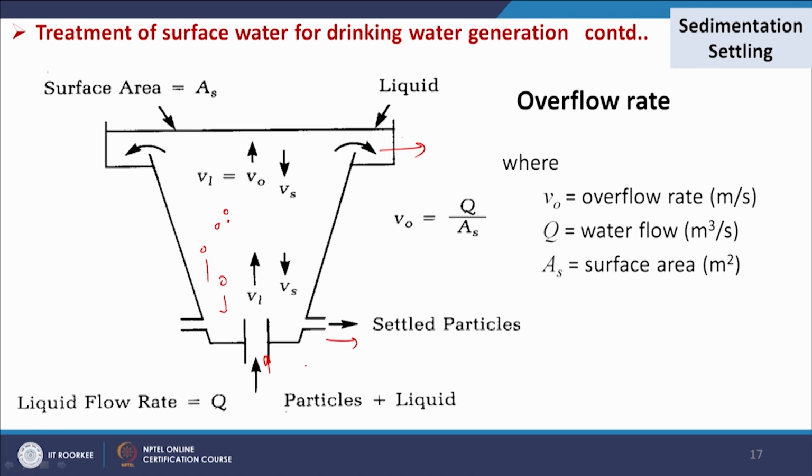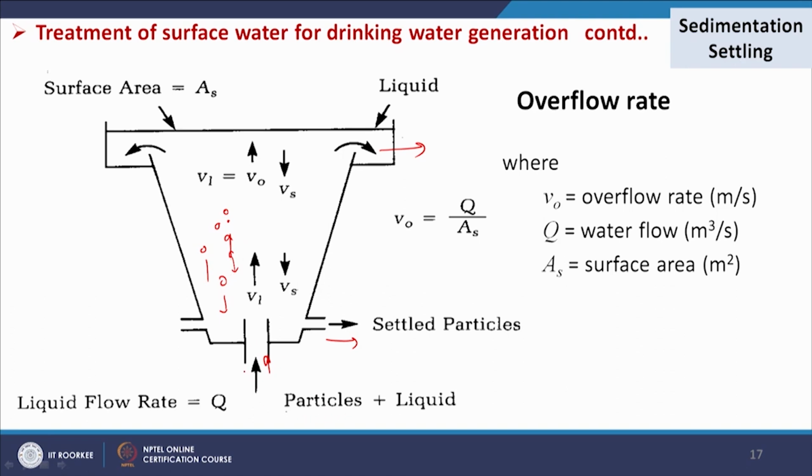The inlet flow will give some upward movement to the particles, and gravity is also working on them, which gives the terminal settling velocity. The condition for settling is that the terminal settling velocity should be greater than the velocity provided by this liquid flow.